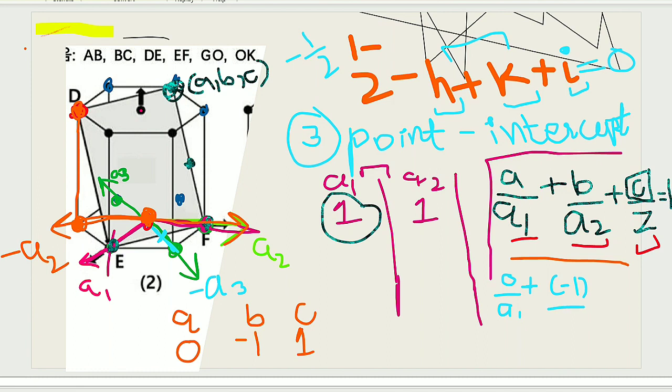divided by A2, A2 is 1, plus C is 1, divided by Z, which is the z-intercept that we need to calculate. That is equal to 1.